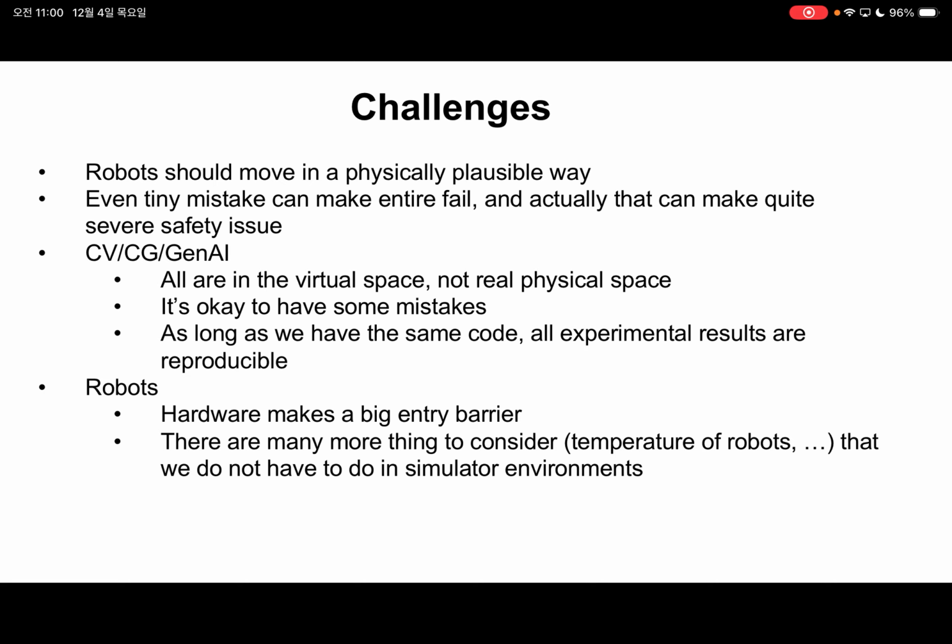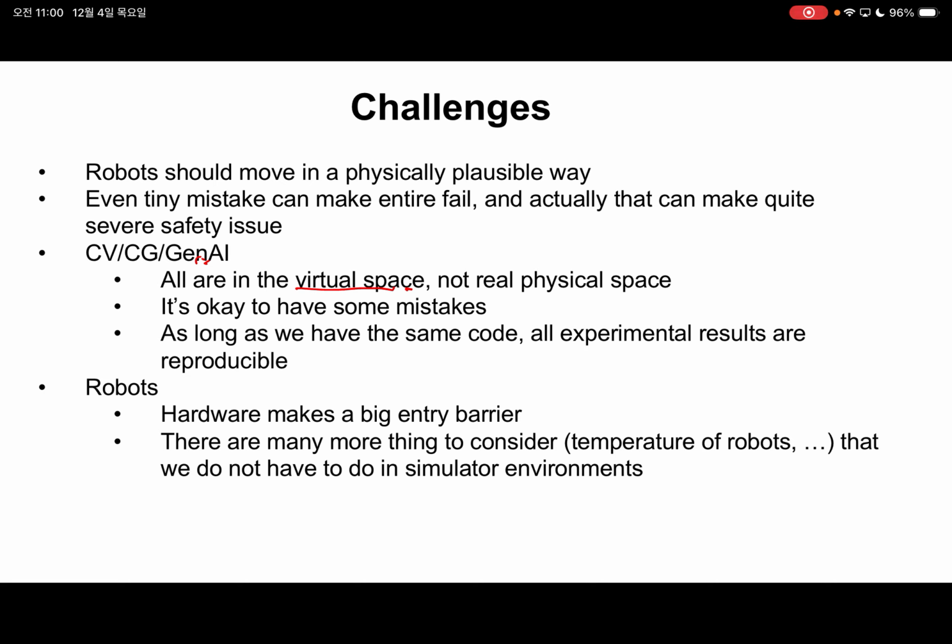Computer vision, computer graphics, and AI are in virtual space, and they are not following physical law, actually. They're just generating some visually plausible stuff. They are not governed by physical law. In some cases they violate physical law, but it doesn't matter, as long as it's visually pleasing. In virtual space, the goal is visual pleasantness, right?